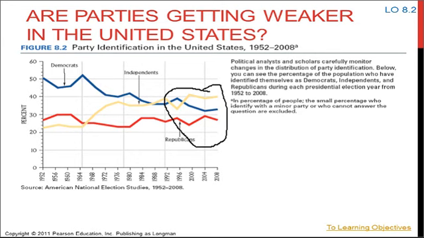Looking at the chart, where have these voters gone? The answer is that more people are identifying as independents, and we will talk more about that also. Independents are more likely to participate in ticket splitting. In other words, they will vote for members of both parties on the general election ballot.